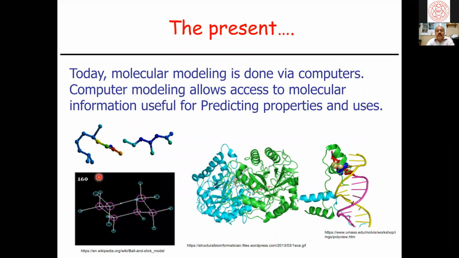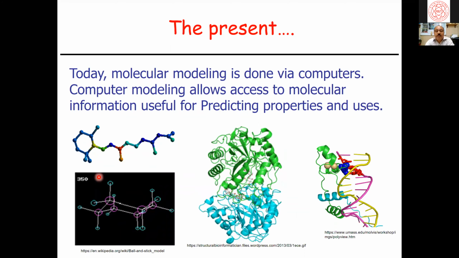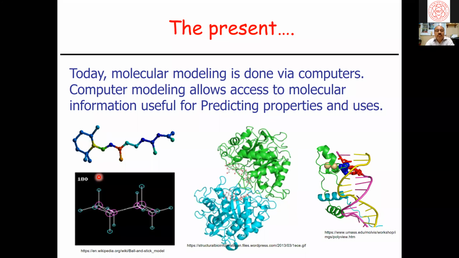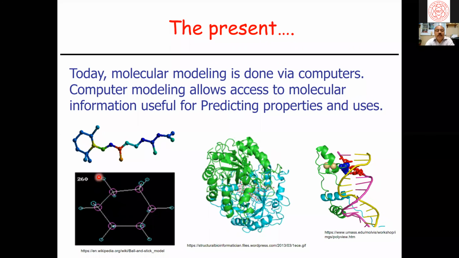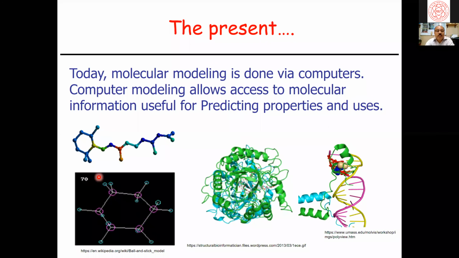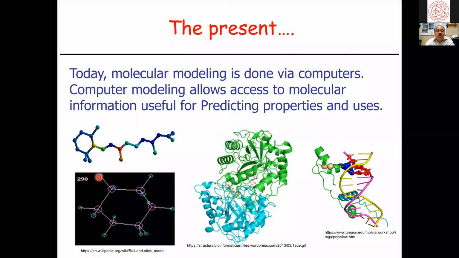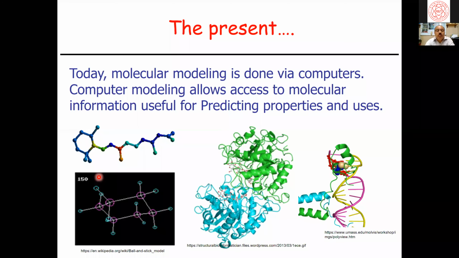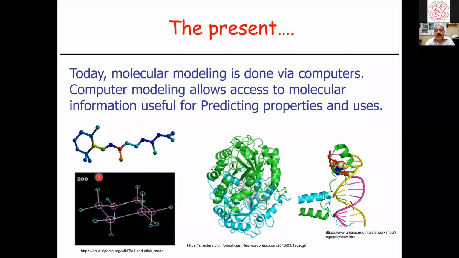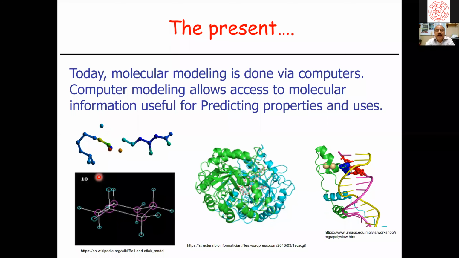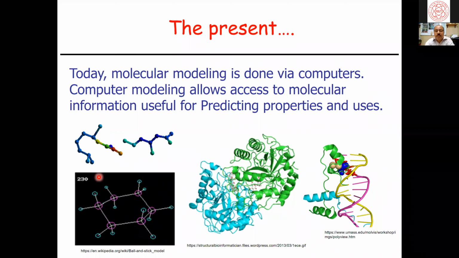Now, thanks to all this advancement in computers, both in hardware and software, today we rely mostly on computers for molecular modeling exercises. Molecular modeling allows access to molecular information, which can be used for predicting properties and how these can be used for various applications in drug design, drug discovery, and various other applications.